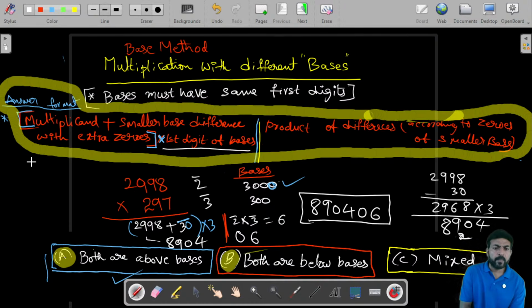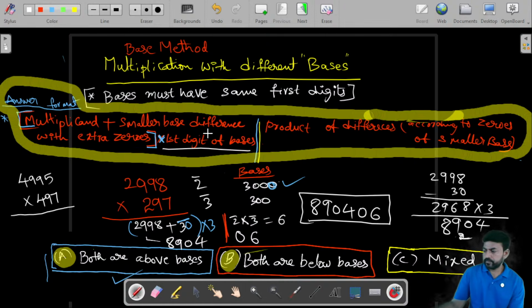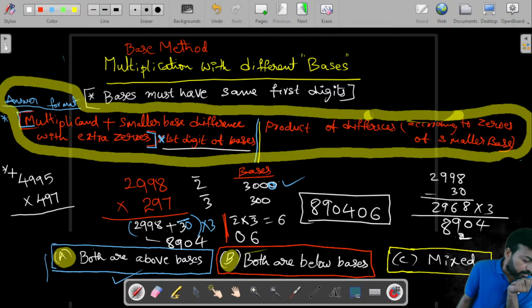Do this problem. What is 4627281? What happened?